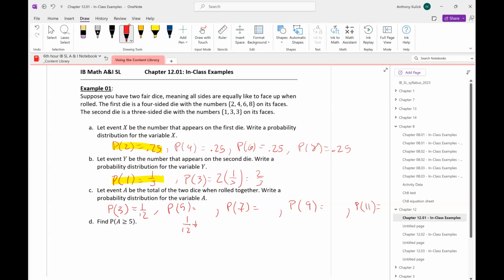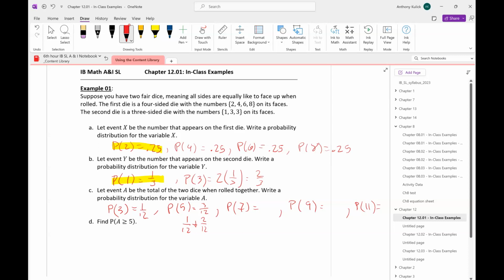And then 3 and 2 would be 2/12s, right? So together we have 3/12s. Now you could reduce that fraction, but you don't have to. I would probably not, because common denominators will make it easier to check to make sure our probability distribution is correct at the end.